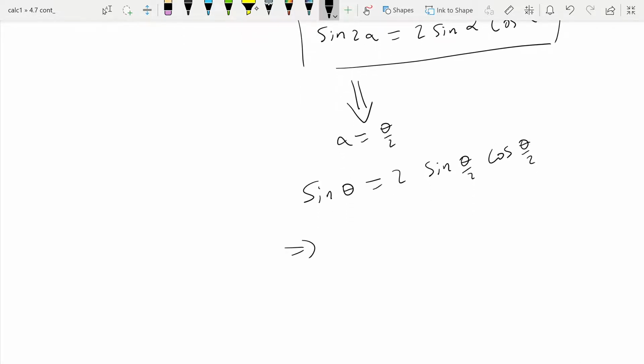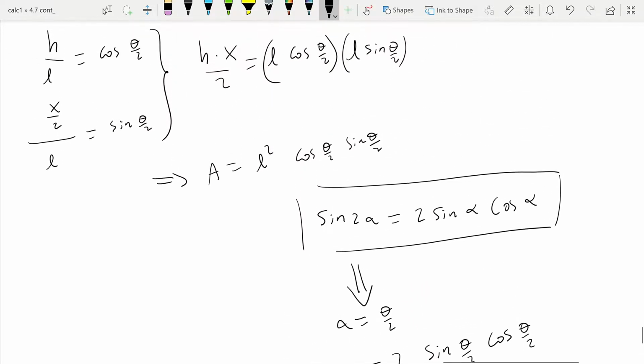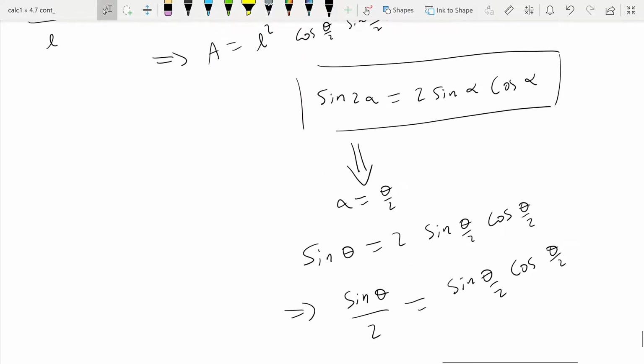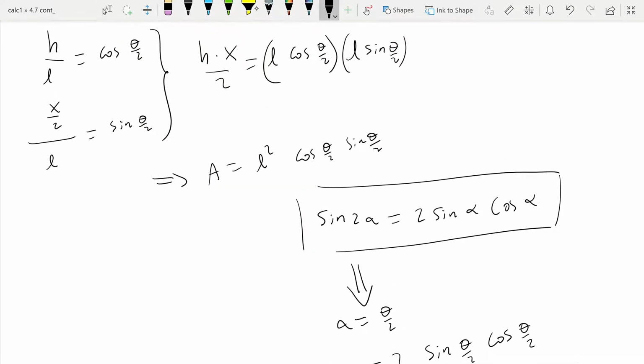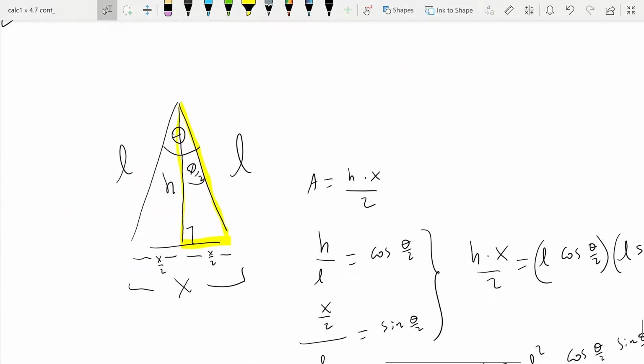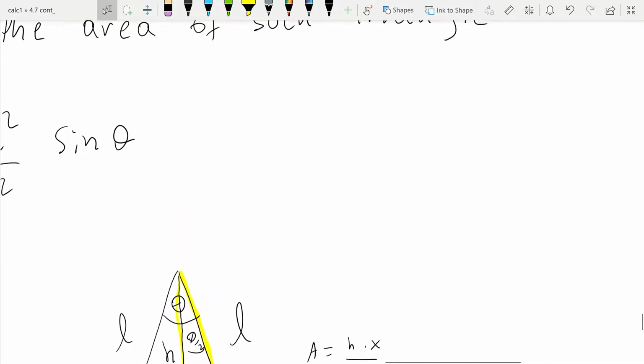So all this implies that sine of theta is 2 times sine of theta over 2 times the cosine of theta over 2. So going back to this formula, we obtain that this is L squared over 2 times the sine of theta, which is what was given to us at the beginning.